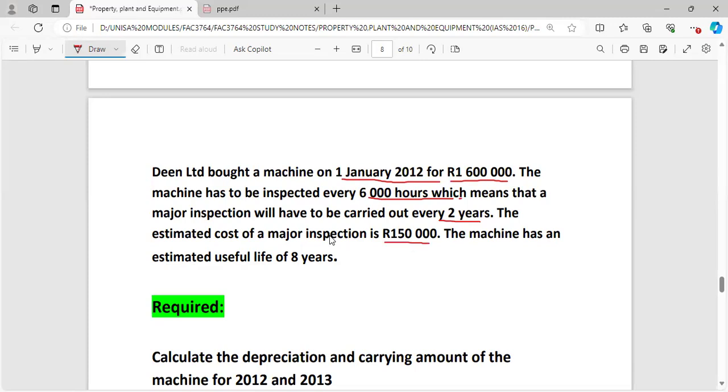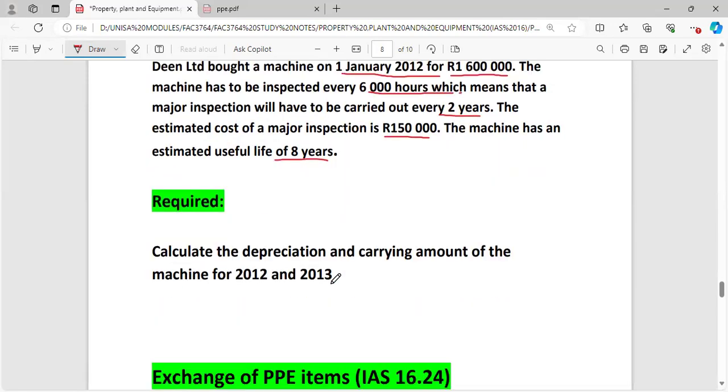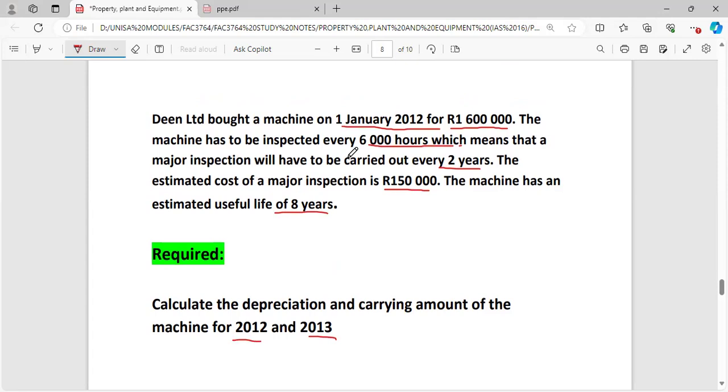The machine has an estimated useful life of 8 years. What we are required to do is to calculate the depreciation and carrying amount of the machine for 2012 and 2013.